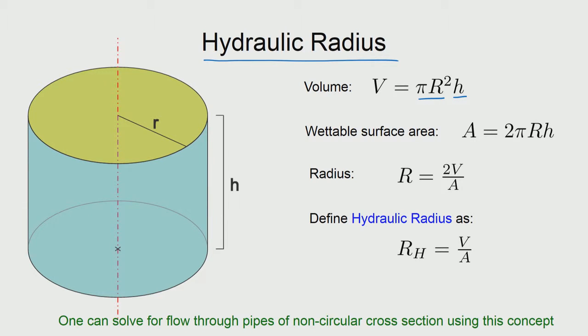And the wettable surface area, that is the area which is actually in contact with the fluid and impeding its motion, would be the perimeter times h. If you take the ratio of these two, you see that the radius arrives from the volume divided by the surface area.